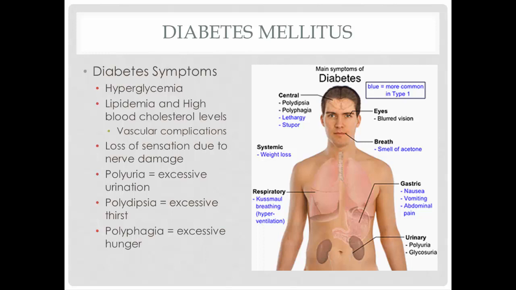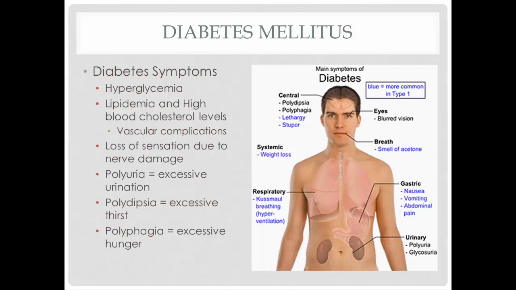Other things you see with diabetes is polyuria, or excessive urination, because your kidneys can't reabsorb all the sugar that's in your blood, and so the sugar remains in the urine, and because of the osmolarity associated with that, the water stays with that sugar and you end up peeing too much.